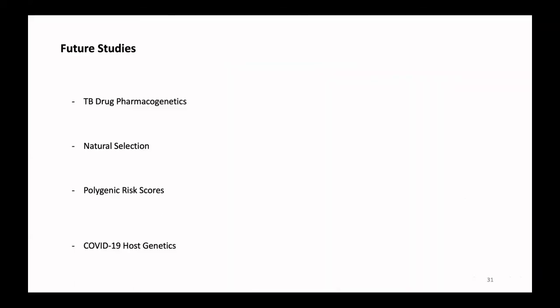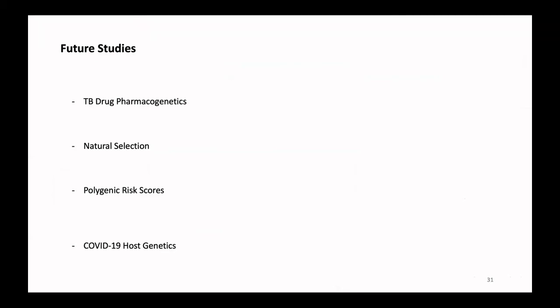For future studies in this infectious disease realm, we are starting up a TB drug pharmacogenetic study. I've always been interested in natural selection, but in a highly complex admixed population, those types of analyses are incredibly difficult to perform.